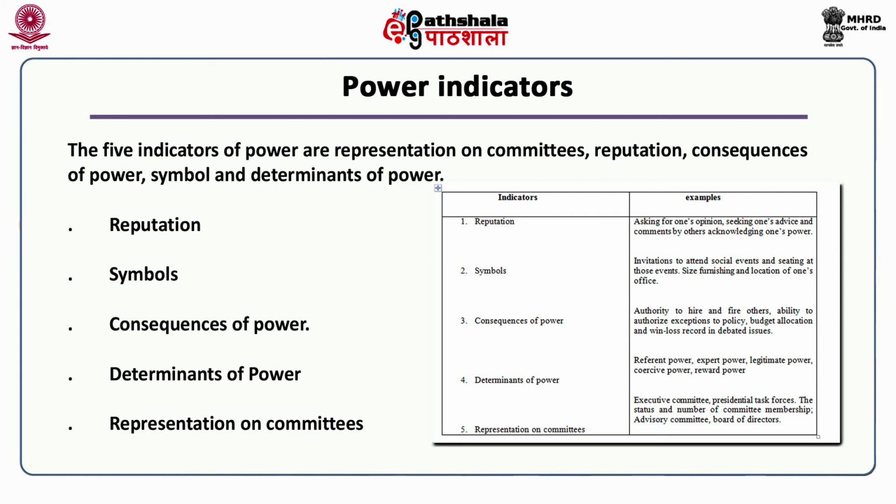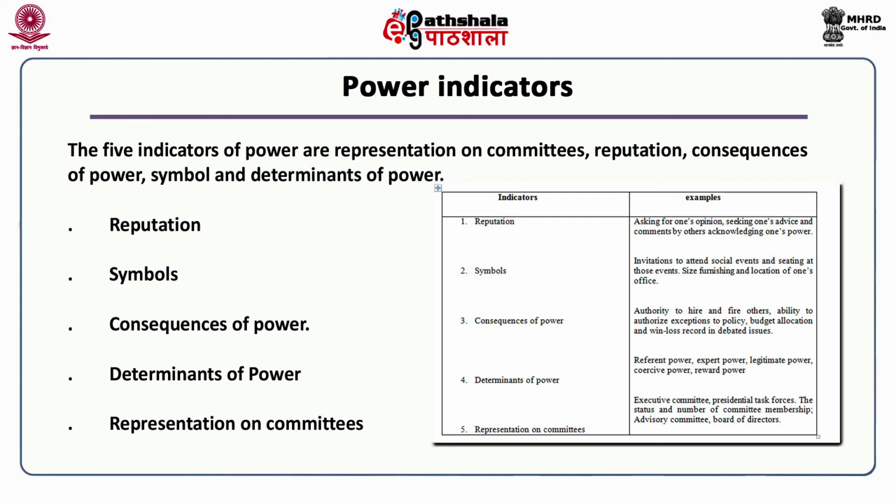Now, along with these indicators, we have been given some examples. Like reputation: some examples are asking for one's opinion, seeking one's advice and comments by others, acknowledging one's power. Second indicator, symbols: its examples are invitations to attend social events and seating at those events, size, furnishing and location of one's office.